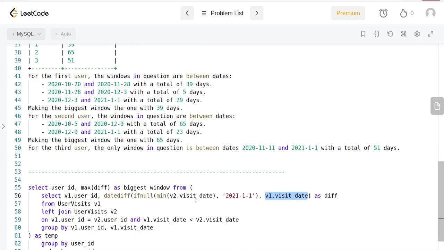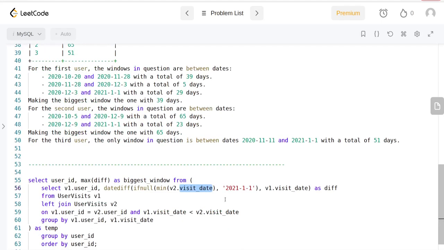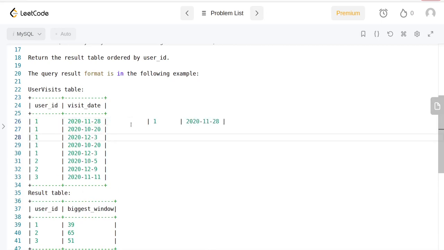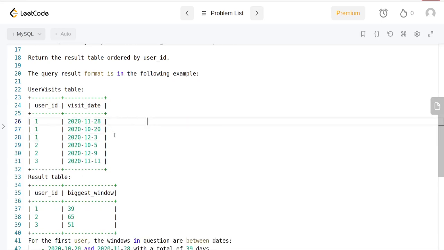We start with the minimum of the visit date, and if we don't have that, we select today's date. Then we calculate the differences of those dates.